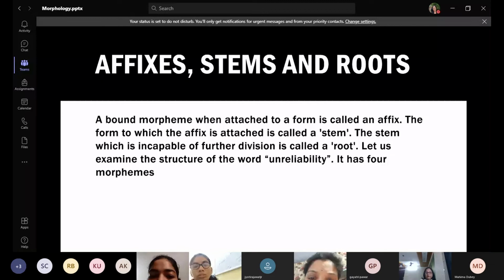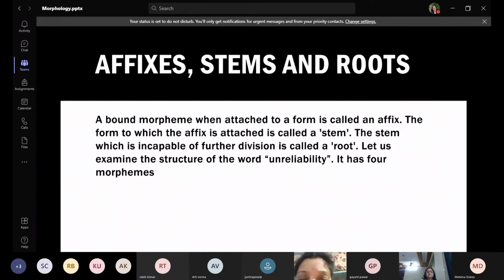Now again you get some more words. Affixes, you know, they can be suffix or prefix. Root, you know, root from where it begins. Now you have stem also. So when a bound morpheme is attached to a form, it is called affix.